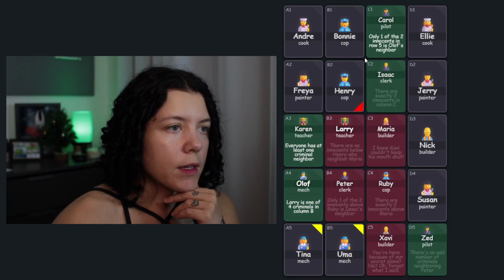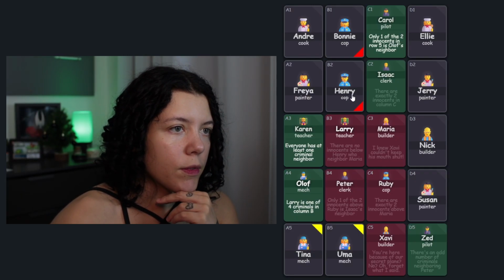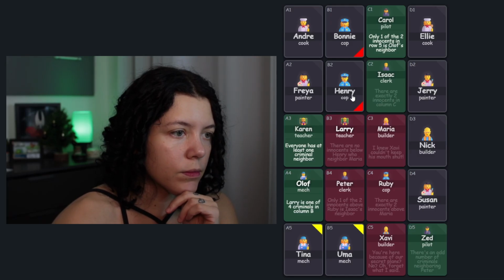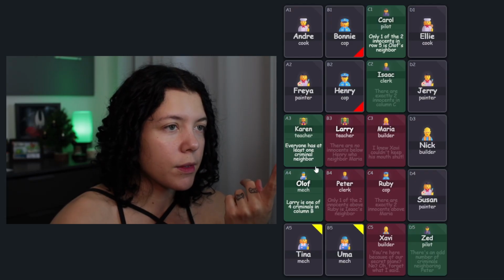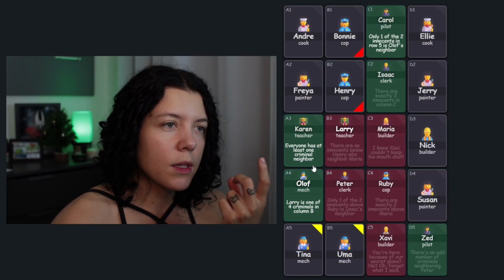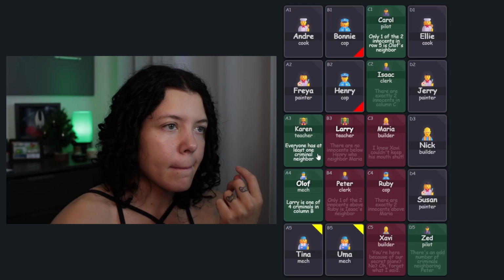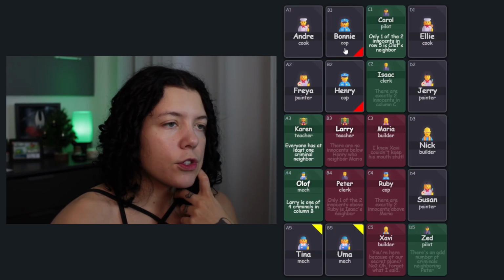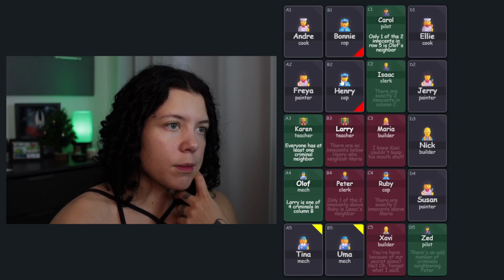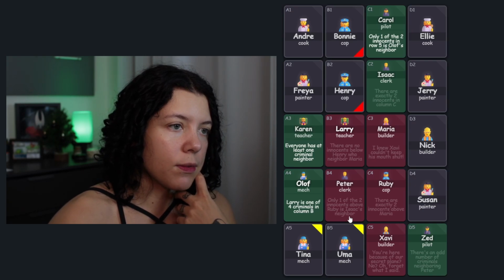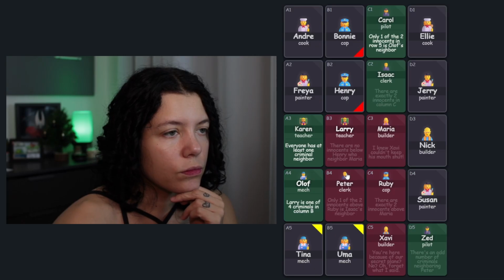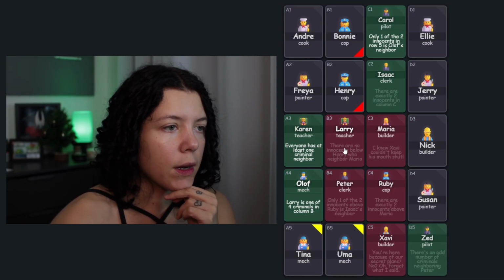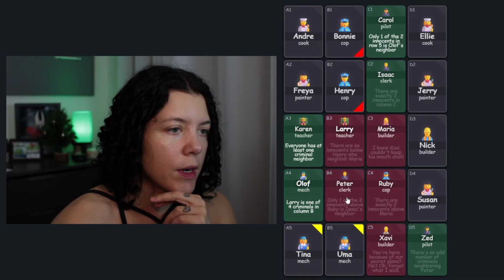So let me try to tag this. Bonnie and Henry, if both of them are criminal. Because the clue is telling us that everyone has at least one criminal neighbor. Who doesn't have a criminal neighbor? Andre is for sure gonna have one, because there is for sure gonna be one criminal here, since there has to be 4 in column B. Freya already has one, Karen already has one, Olaf already has one.